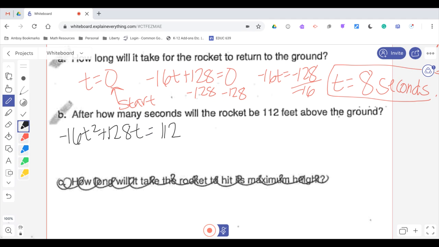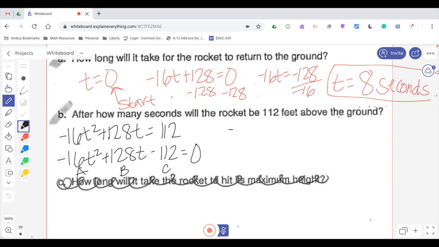So I'm actually using this equation because remember, it has to be equal to 0 before I start solving. Okay. So now I'm going to use the quadratic formula again, using this as A, B, and C. Okay.